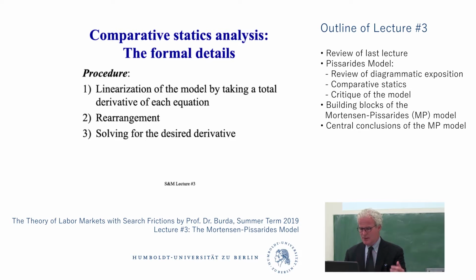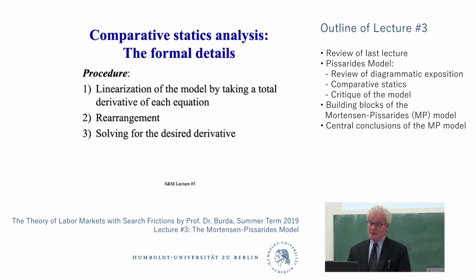Okay, and if you remember from last time, I alluded to this. It's easy to use the methods I just talked about, comparative statics, to show formally that an increase in the productivity of the match, again, this is an unconditional constant in the model, raises the value of the surplus once a match is formed. Given the bargaining power of the workers, that means there's going to be more for both.